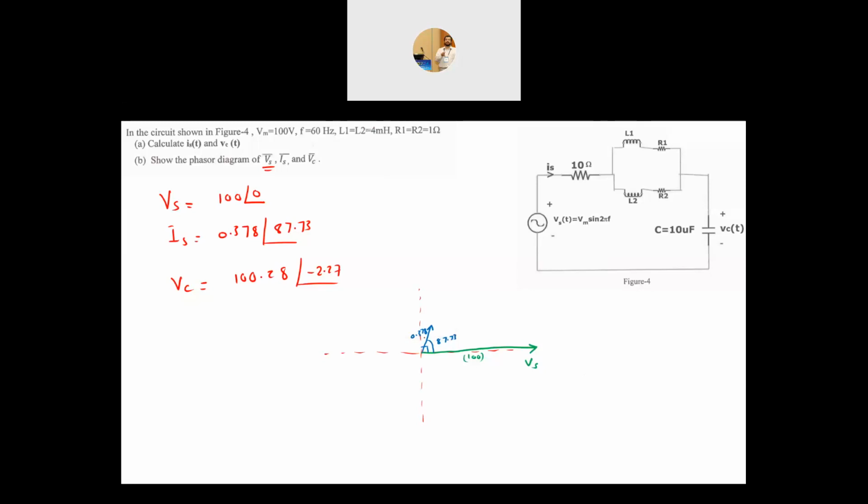Okay, so this is VS, this is my IS, and here this is a vector with an angle minus, so it will be something like this. This is angle of minus 2.27, magnitude 100.28, and this is basically your VC. So that is the phasor diagram of VS, IS, and VC, and this is how you approach an AC question.